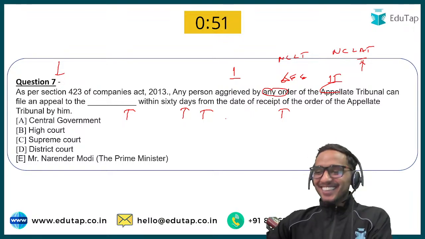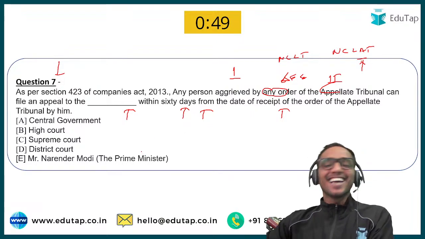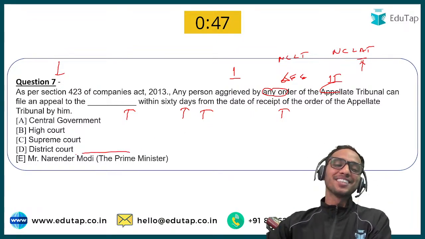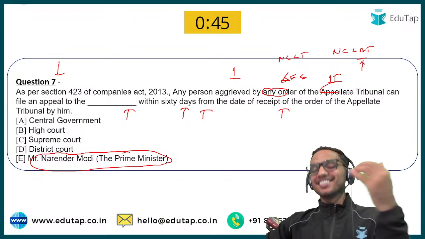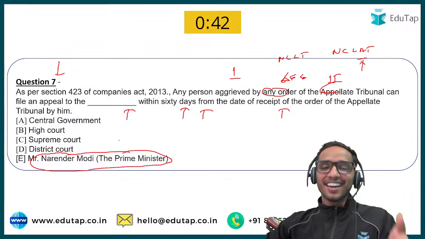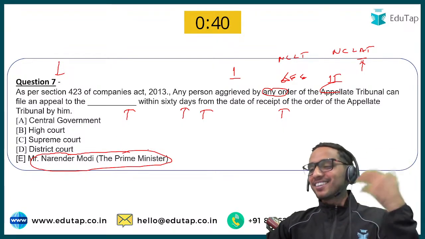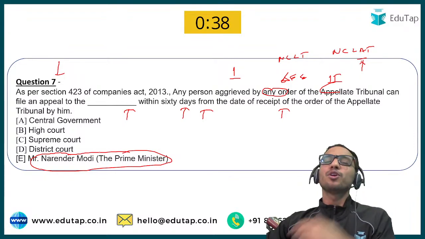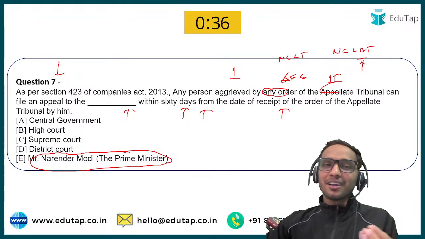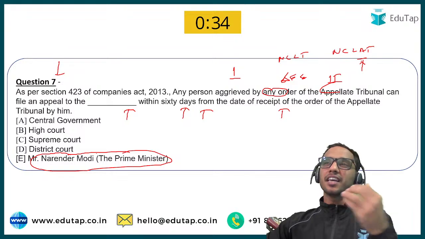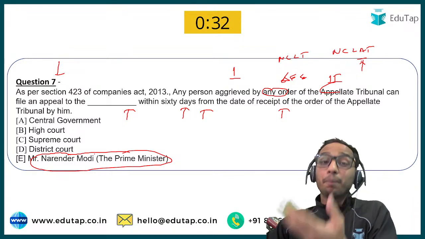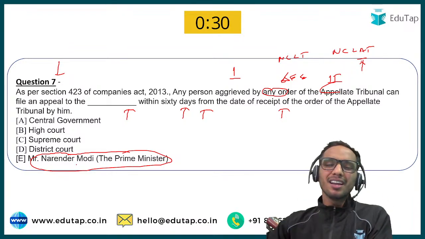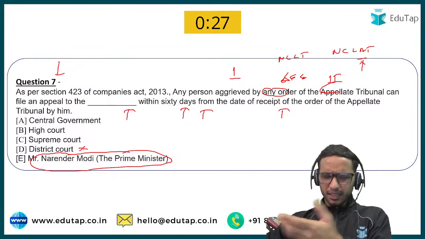Option E, Narendra Modi, someone is saying no. See, I have just made this option to make it class interactive. So obviously you need to eliminate the options. So district court, no. See, if someone has been ordered by the Appellate Tribunal, that is National Company Law Appellate Tribunal, district court can do nothing, isn't it?